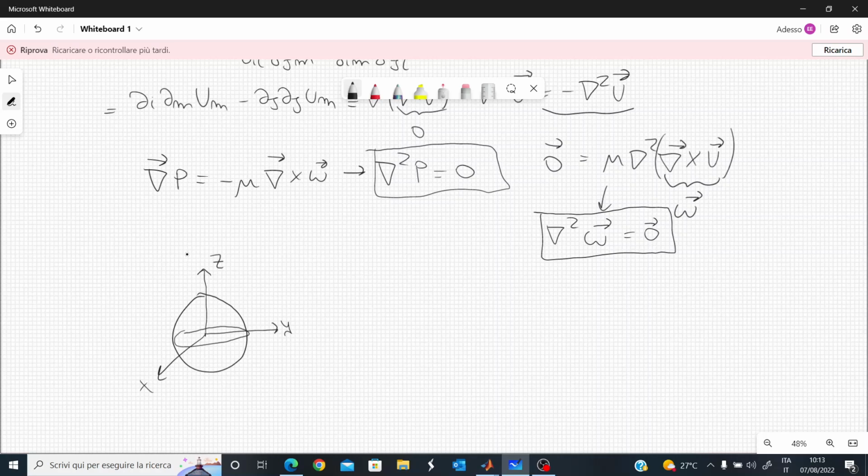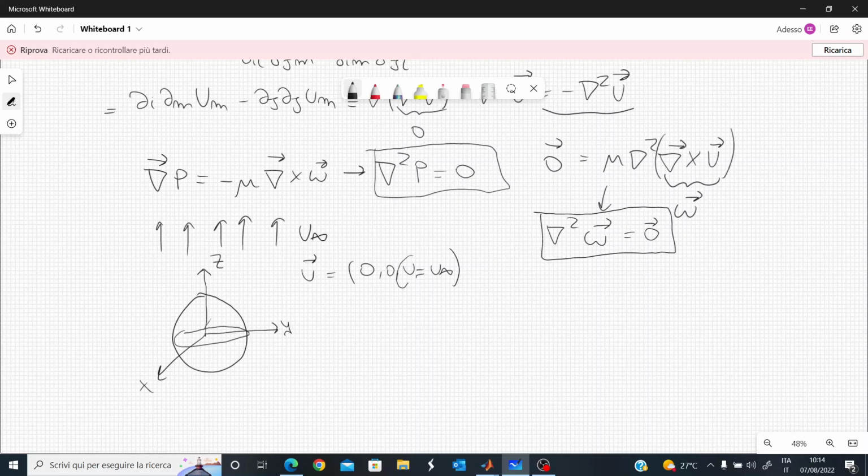And the velocity field far from the sphere will be homogeneous, so it will be constant, and it will be along the z-axis. And we will call this u infinity. U infinity will be the velocity along z. So the velocity u at infinity for large distances will be 0, 0, u infinity, or just u equal to u infinity. Doesn't matter.